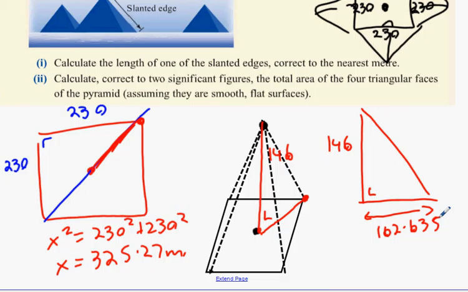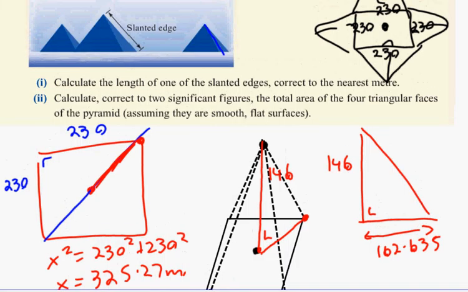What can I do to find the slant edge now? So what I'm finding out is this edge here. Straight down, straight across. I'm about to find out one of these slant edges right now. So, Pythagoras' theorem one more time.